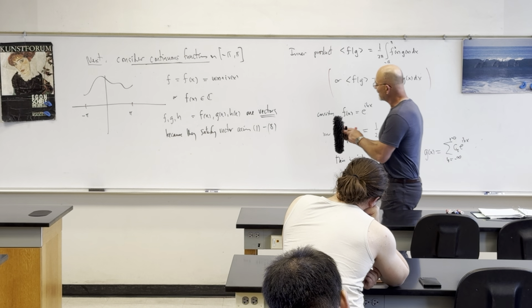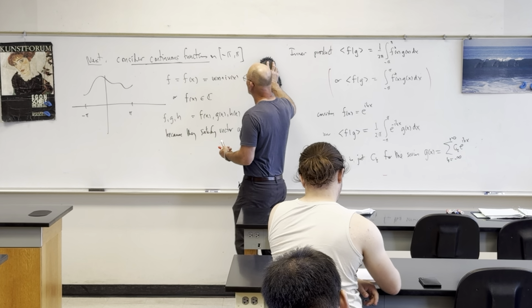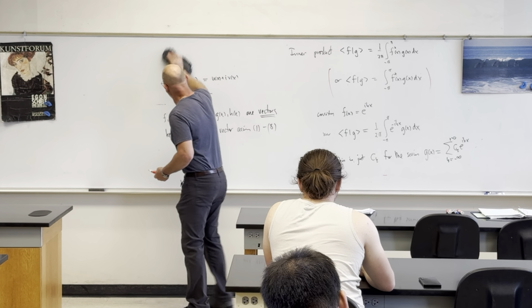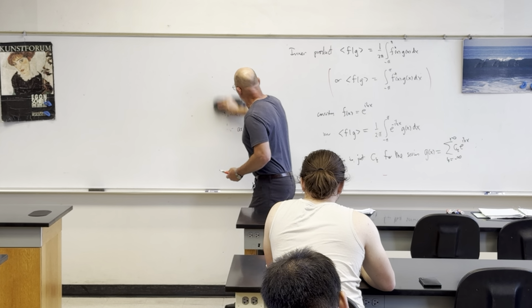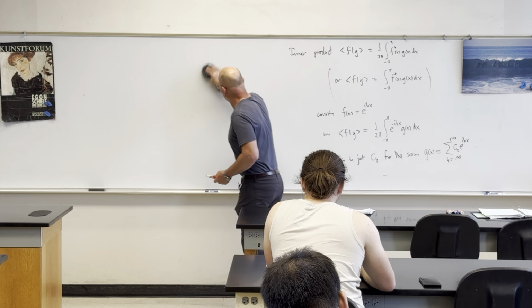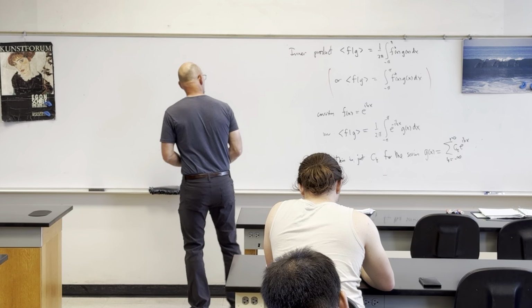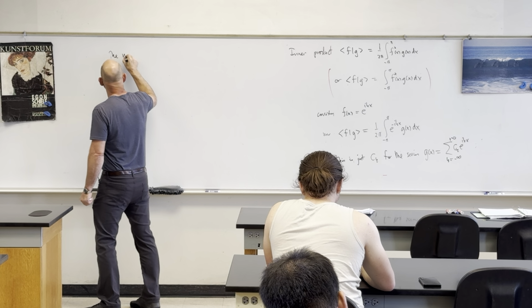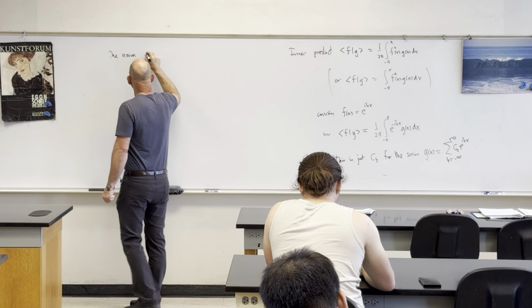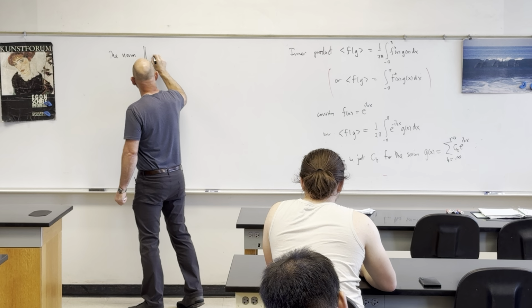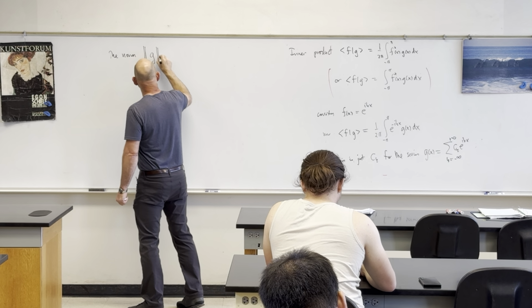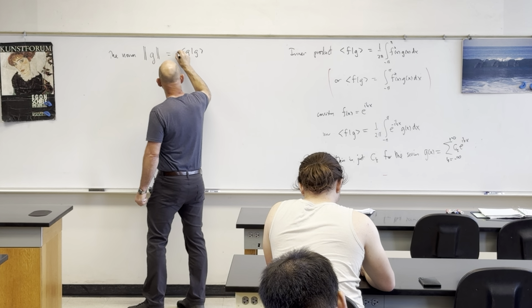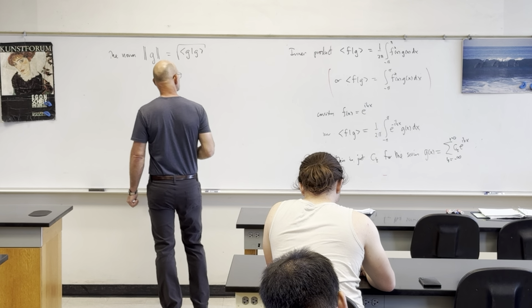And I'll put down the norm as well. So the norm, and I'll use that letter G for the moment, is equal to the square root of G into itself.